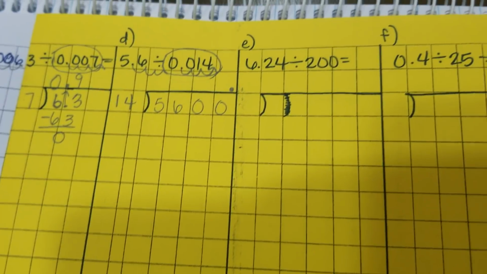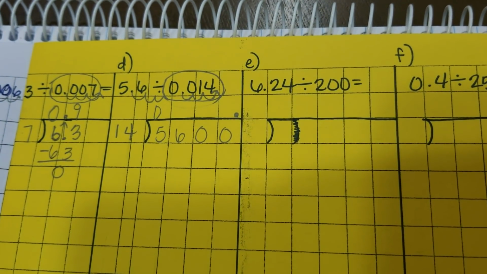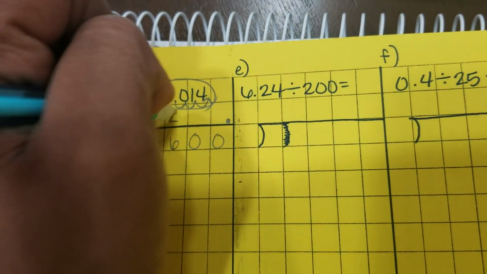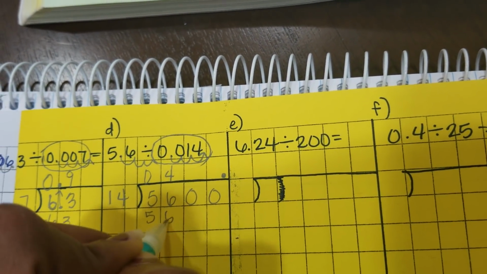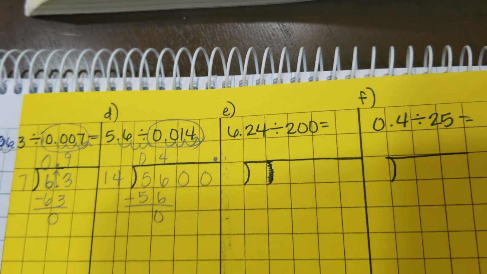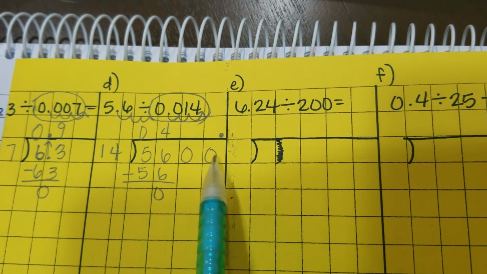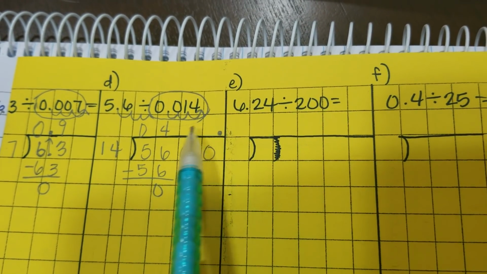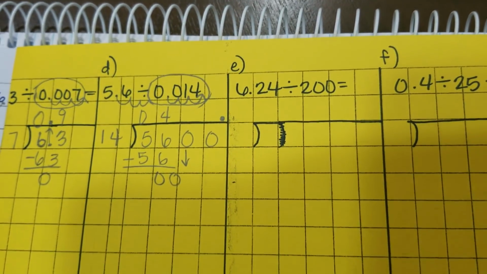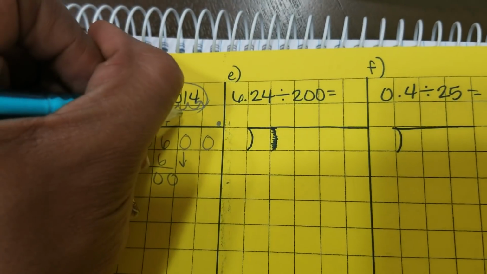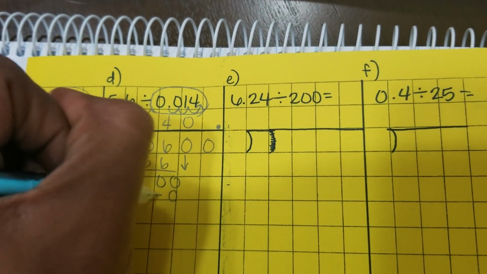Okay. Now 14 goes into 5 0 times. 14 goes into 56 4 times. 4 times 14 is 56. We subtract and get 0. We are not done yet because we still have these numbers we haven't brought down and no numbers on top to fill in. So we bring down a 0. How many times does 14 go into 0? 0 times. 0 times 14 is 0.